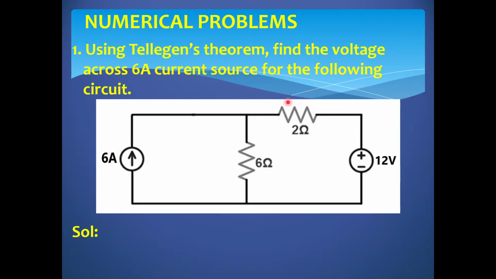Two passive elements, two resistors, are there, so two powers are absorbed. The algebraic sum of the two powers delivered must be equal to the algebraic sum of the two powers absorbed. That's what we have to satisfy.